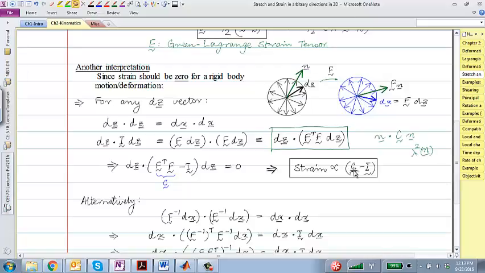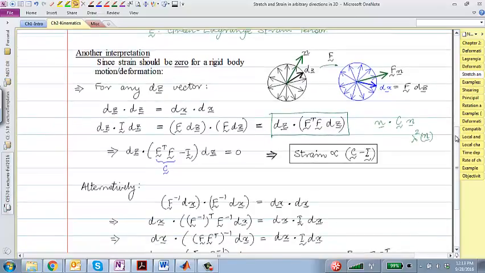So C minus I is definitely proportional to strain, and that is why we defined the E in terms of C, and that factor of half is just to make it consistent with your engineering definition of strain, that was delta L over L. You will see that delta L over L is a special case under the assumption of small deformations. This will give you that definition of strain.